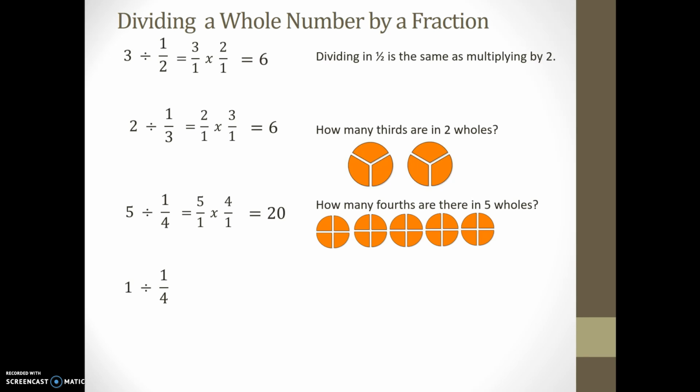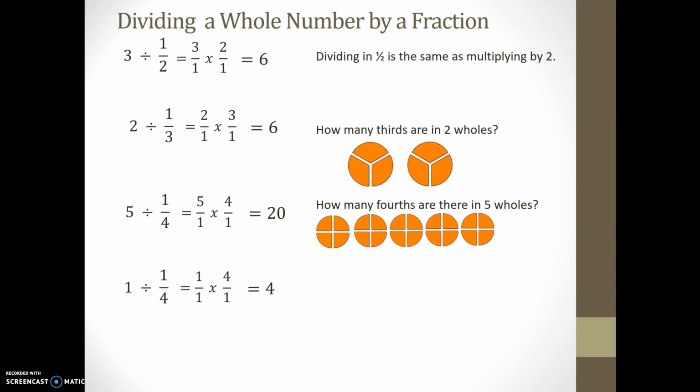Now we've got 1 divided by 1/4. And we're going to go ahead and finish this, and then I'm going to have you model it. So 1 divided by 1/4, again, we're going to copy that first number, 1. We're going to write a multiplication sign instead of a division sign, so there's our times, and then we're going to flip the second number, and that becomes 4. And of course the answer is 4.